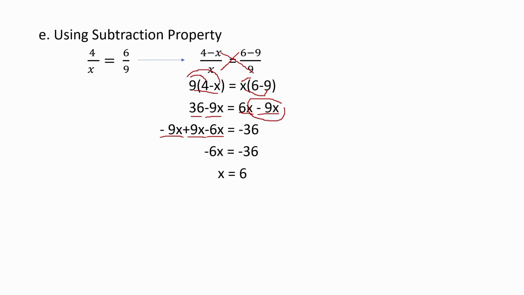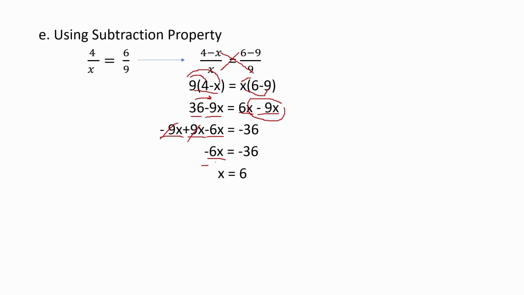will be transferred to the other side. So that's why it becomes negative 36. So we can cancel this negative 9x and a positive 9x because that will result to 0. So we have here negative 6x is equal to negative 36. Again, divide both sides by negative 6.